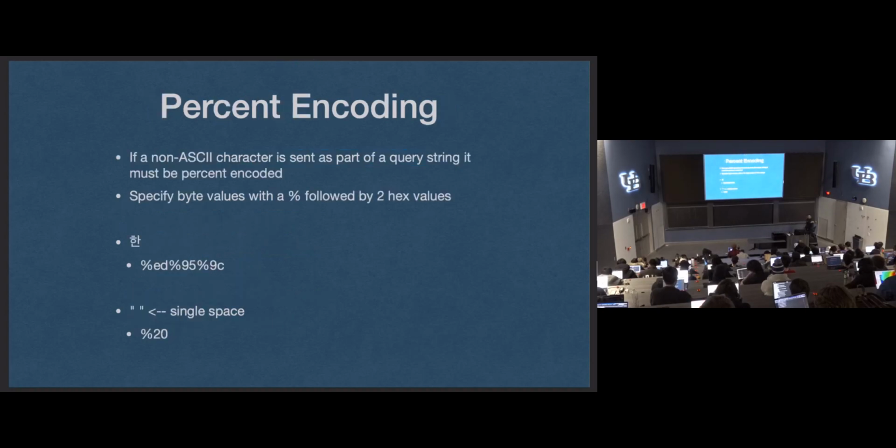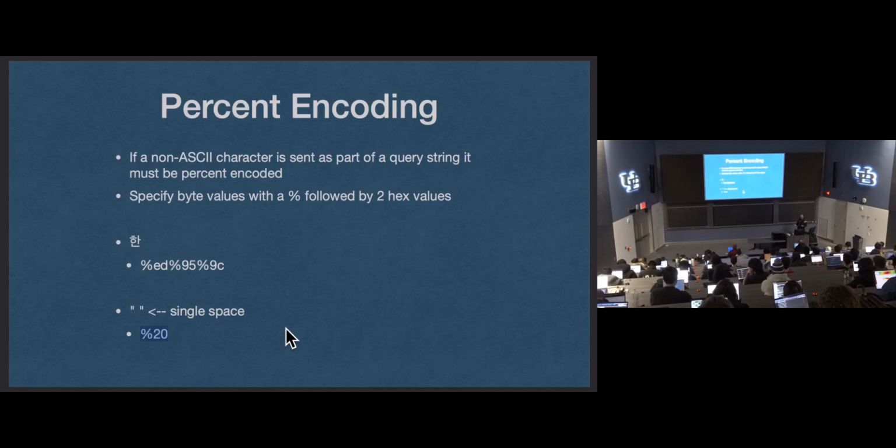And if we want non-ASCII characters in our query strings or in our URLs, we can percent encode them, or URL encode them. So we do a percent sign and then the bytes, and this is how we represent any hex values that we want. If you've ever seen %20 in a URL, that's the URL-encoded ASCII value for a space.